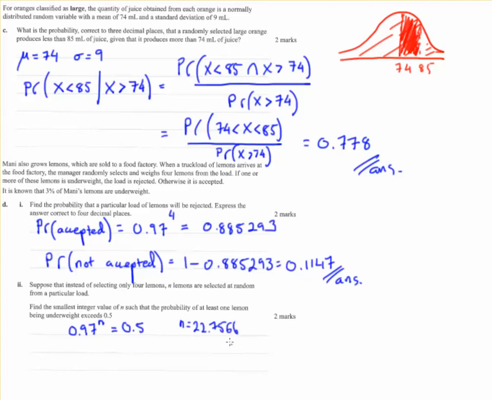That doesn't answer our question, because we want the integer value of n such that it just tips over the 0.5 point. This takes a bit of reasoning. Is it going to be n equals 22 or n equals 23? Let's try both: 0.97 to the power of 22 and 0.97 to the power of 23.